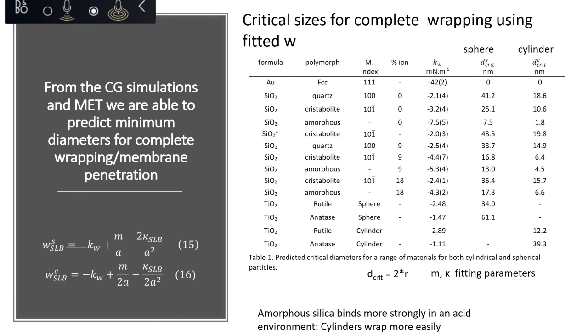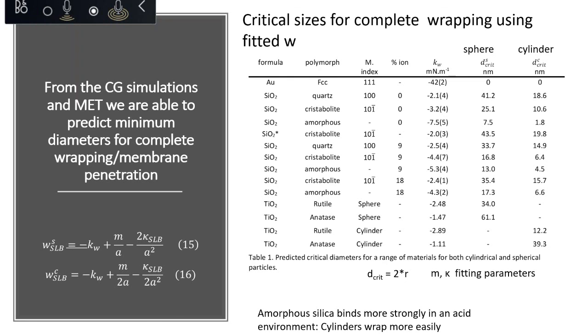And with that now, in the table, we have the critical diameters below which you will not get penetration of a liposome made up of the lipids that we've been using in our model membrane.